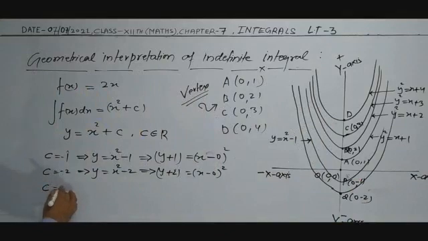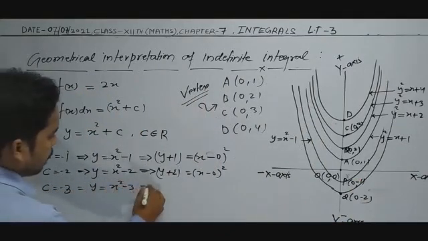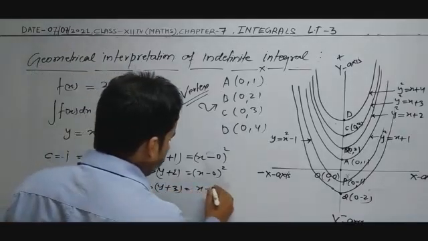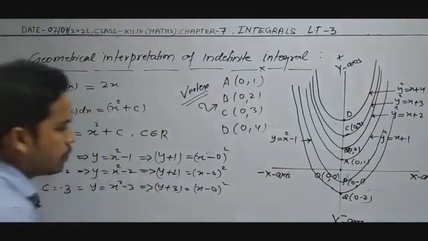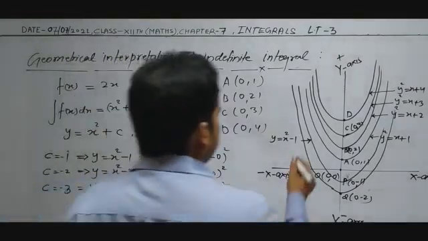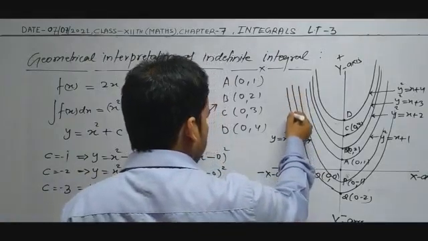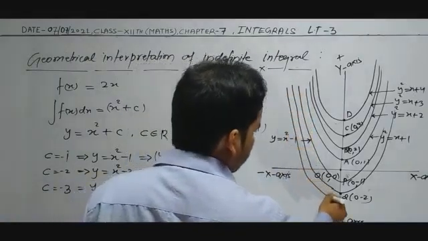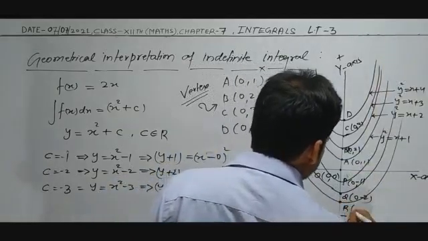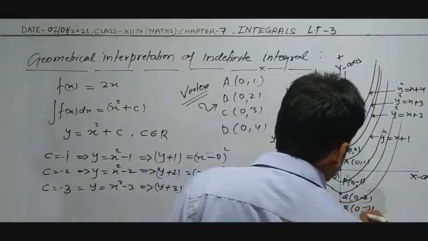Similarly c is equal to minus 3, then y is equal to x square minus 3. This implies y plus 3 is equal to x minus 0 whole square. All represent the families of parabolas. When you draw, you will get families of parabolas. So this is the point, suppose R, whose coordinate is 0 comma minus 3.